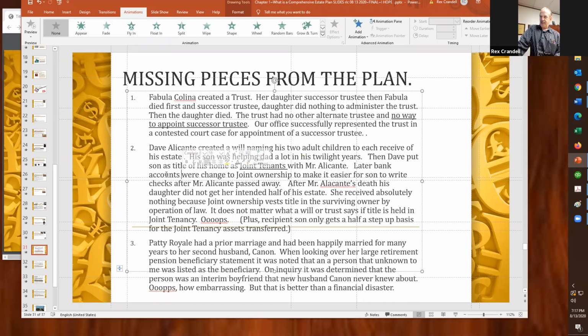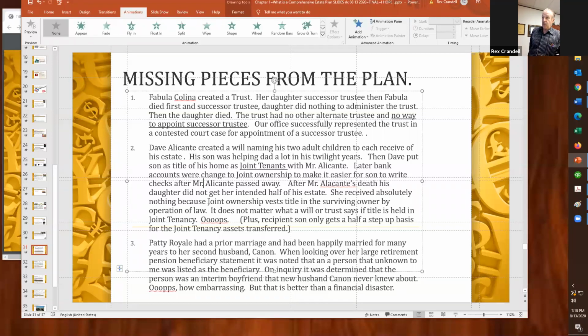This next example was a neighbor of mine, Dave Alicante. He had 2 children. He absolutely wanted his 2 children to share half of his estate. So his son was helping him. And then after a while, the son says, well, let me help out here and I'll go on the title of the property as joint tenants. And then later the son suggested that it might be better if dad passes away that the son is on as a joint account holder for the bank and investment accounts.